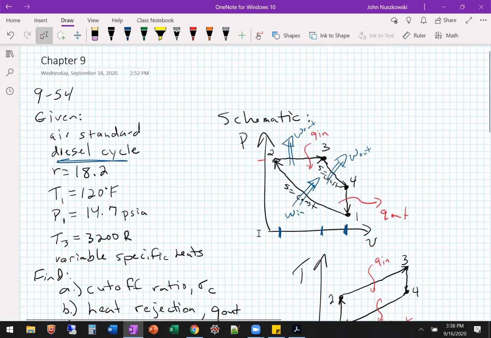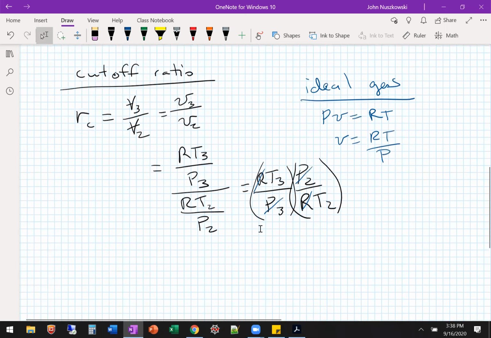But from 2 to 3, the pressure's the same. So we get just T3 divided by T2, which is the cutoff ratio, okay? And T3 was a given, the temperature after the heat addition. Okay, so we have that. We're looking for the cutoff ratio.